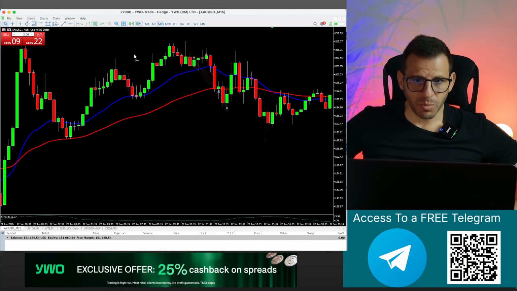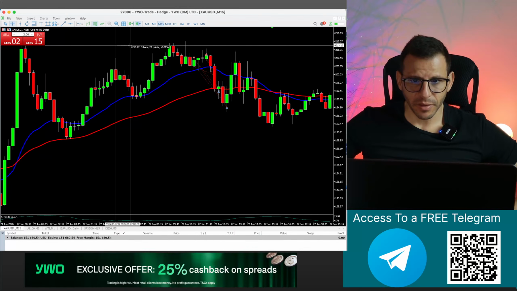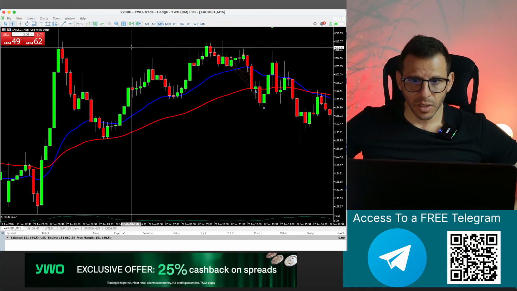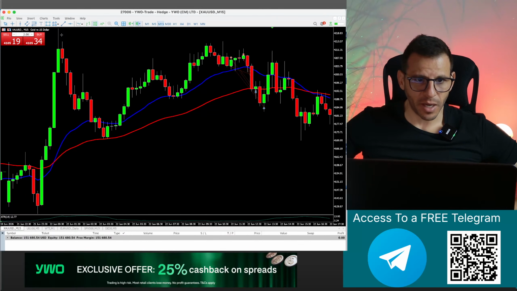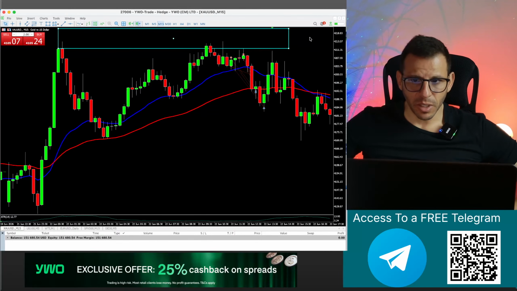From this point, see when the price came right there in this supply area on the higher time frame, sorry, I said demand. So here we have the supply area. And I saw this rejection.